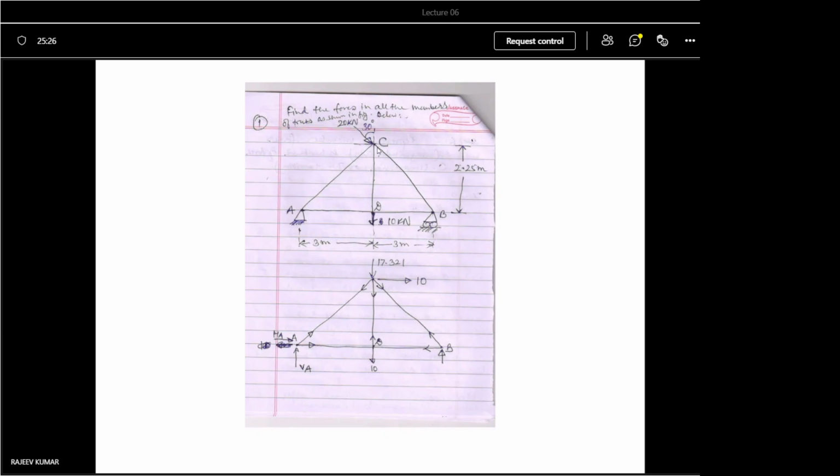Practically it will be there, but for our calculation no friction is there between the members. Whatever load is transmitted here, no reductions will be there, meaning friction forces are not acting. Is it clear to you?